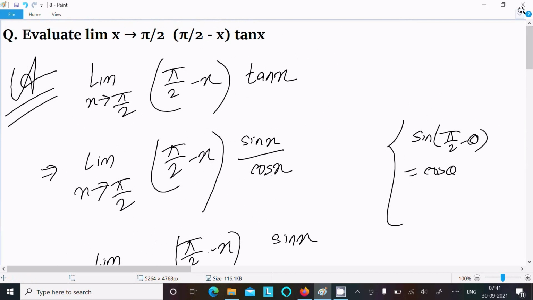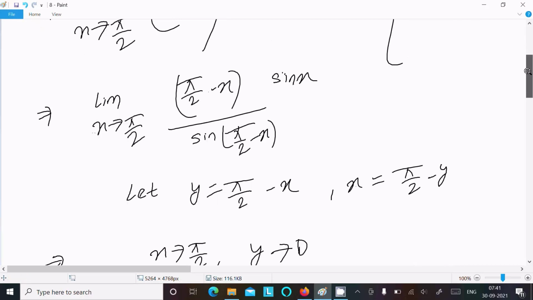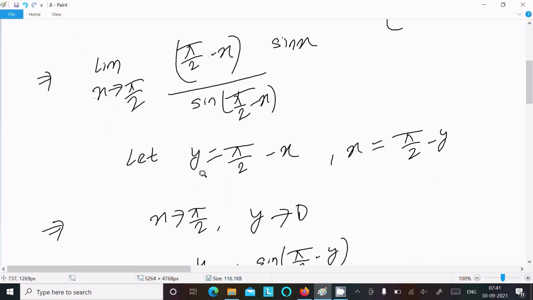One more time, I am going to repeat. Write the given expression and convert this into sin and cos. After doing that, cos of pi by 2 minus x we can write as sin(pi by 2 minus x), over sin x. Now make that simple: y tends to pi by 2 minus x, x is pi by 2 minus y. So x tends to pi by 2, y tends to 0.